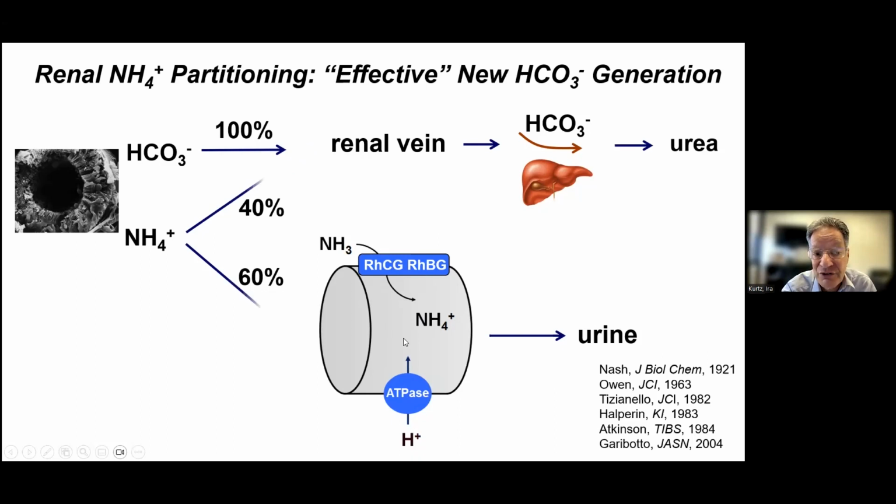You can't acidify the urine, and that's a problem because then you get less NH3 entering. And so what happens actually in distal RTA, which will be another lecture, is that the ammonia partitioning gets all messed up. You can't excrete 60% of the ammonium that you made in the urine anymore because you failed to be able to generate this NH3 concentration gradient across the collecting duct.